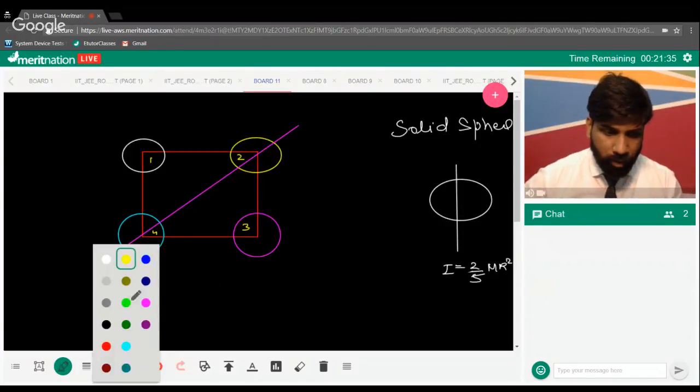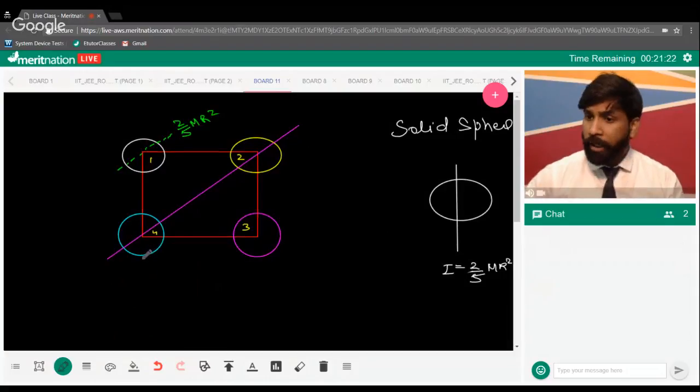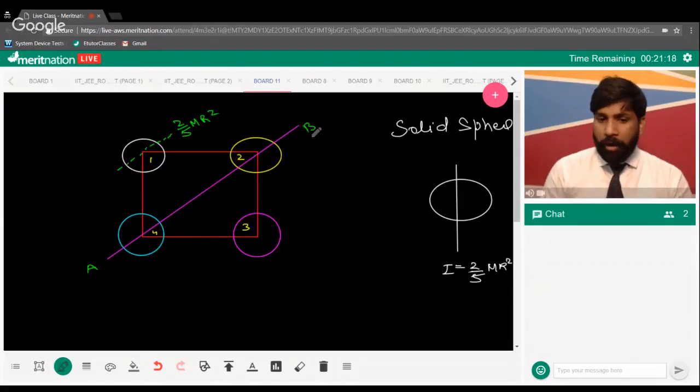So we know that the moment of inertia of the first solid sphere about this green color axis is 2 by 5 mr square, but we have to calculate the moment of inertia about this axis AB.